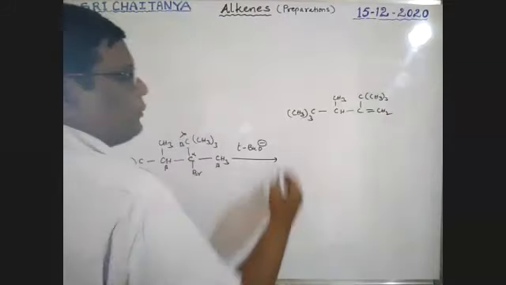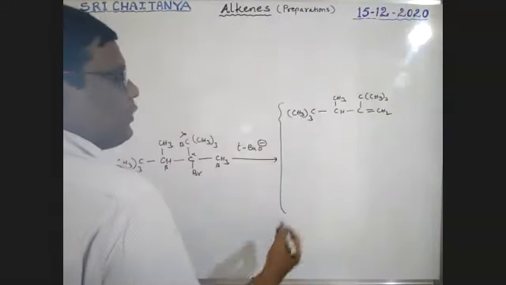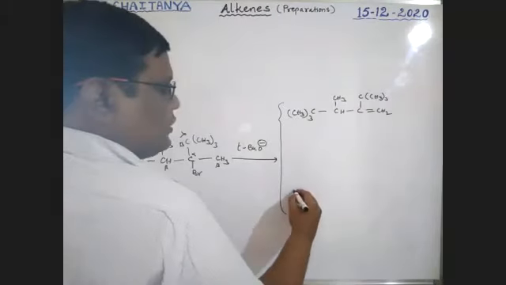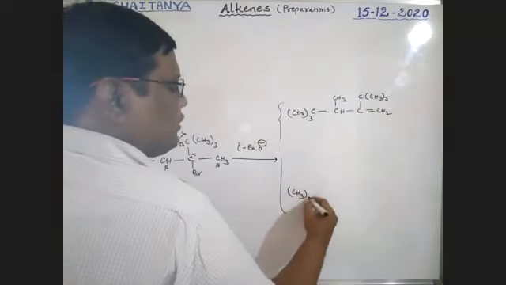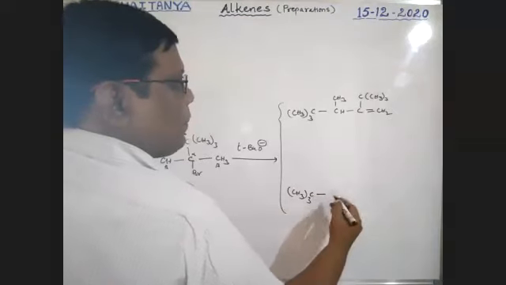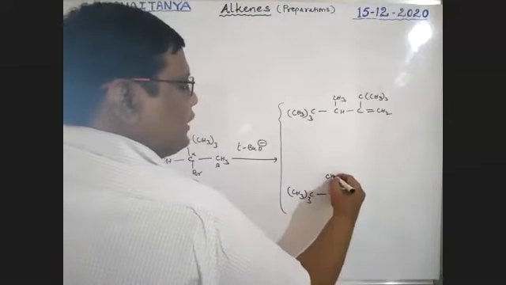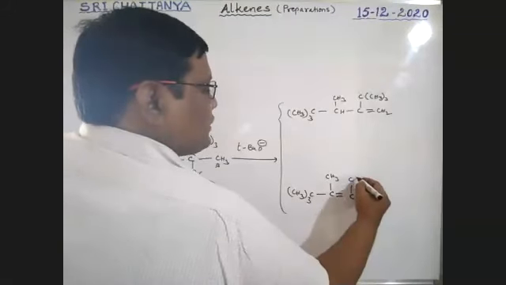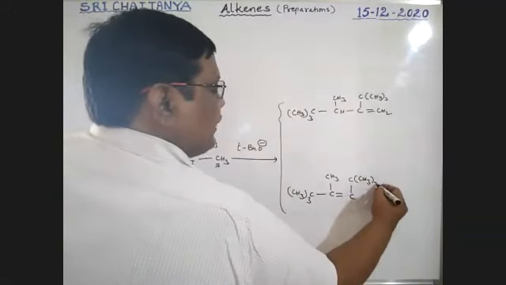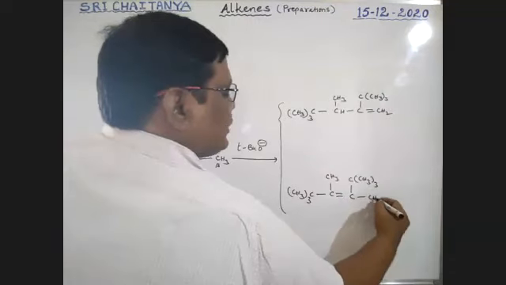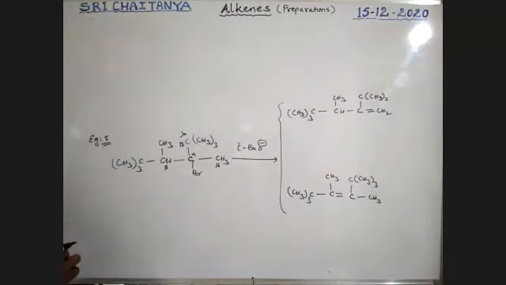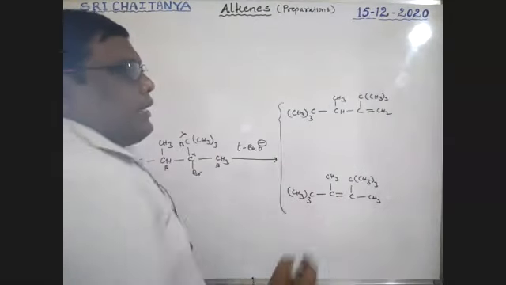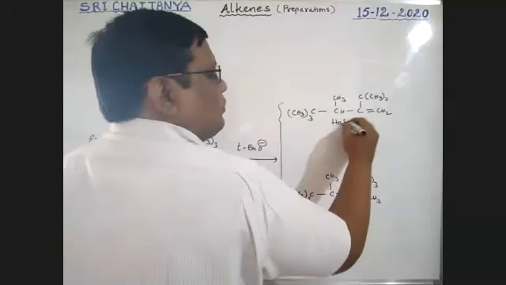Next, using this one gives CH3 thrice C, C, CH3, double bond C, C, CH3 thrice, CH3. So this is the less substituted product, and this is the more substituted product. It is the Hoffman product.